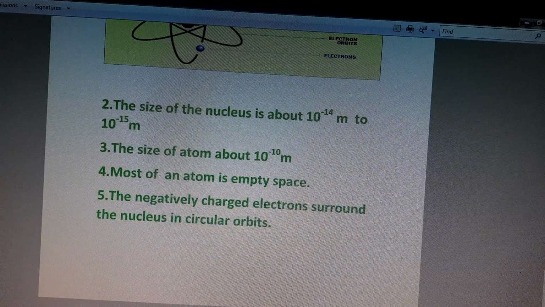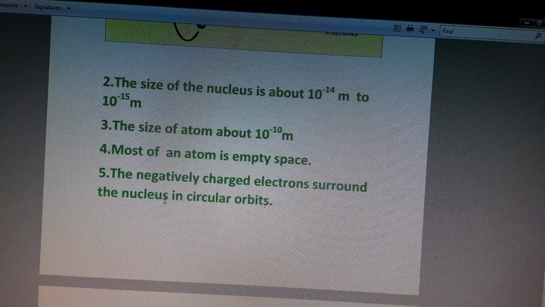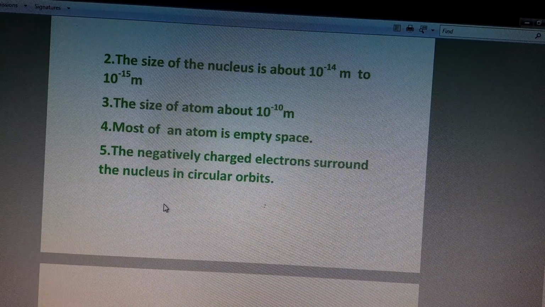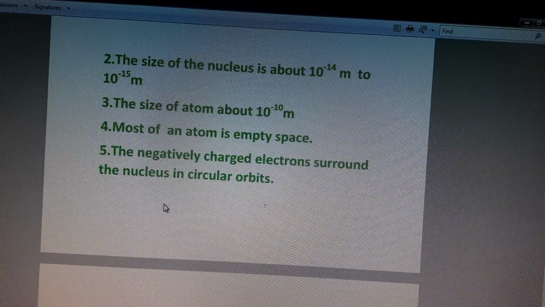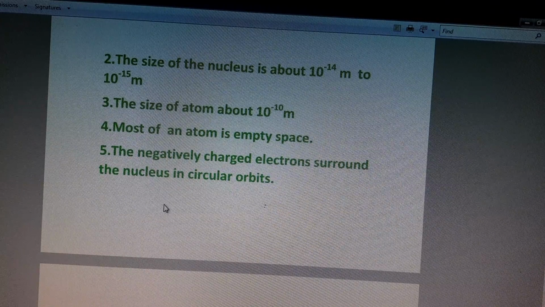Next, most of an atom is empty space, and the negatively charged electrons are around the nucleus in circular orbits.